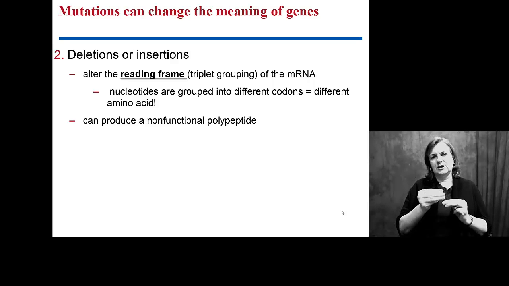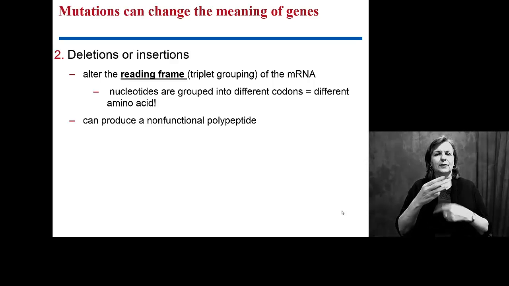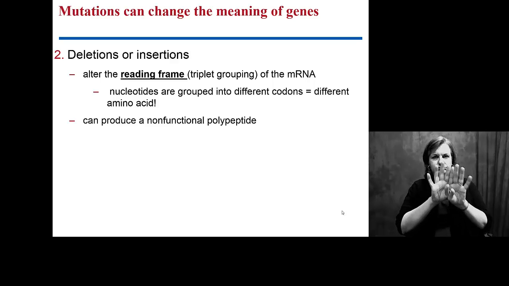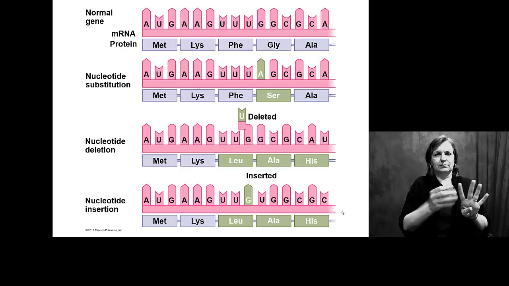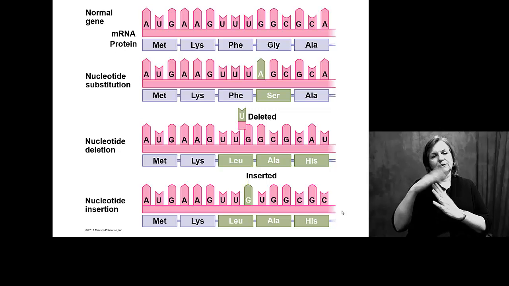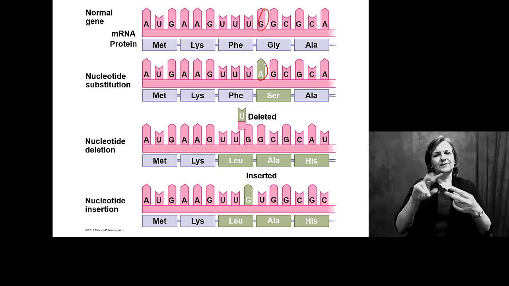We can also have what we call reading frame mutations. And what that means is we're inserting or deleting part of the mRNA, and it results in a change in our amino acid sequence. So we've got a normal at the top, the single base pair mutation, we saw that's a point mutation.